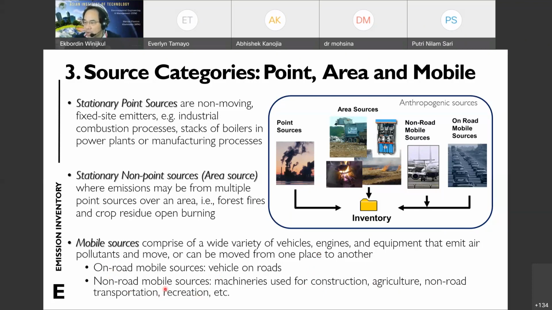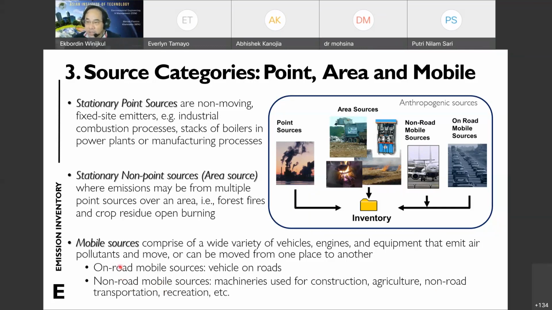And also make sure that when you identify whether a source is on-road or non-road, it needs to be consistent for all of the study area that you apply it to. For example, the bus that is used in the airport.